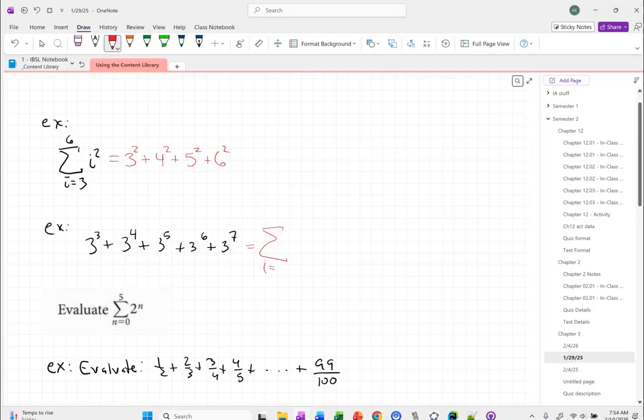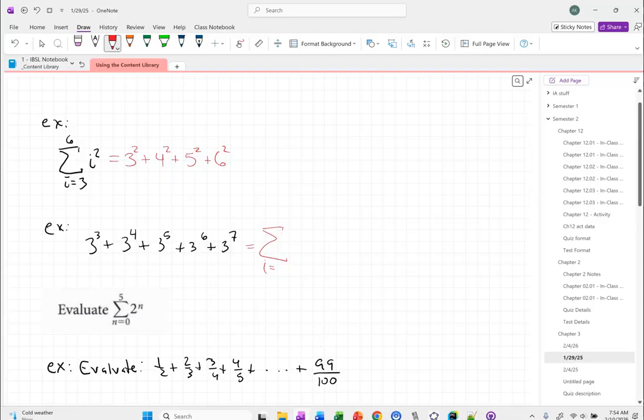So how would we write the sequence of terms 3 to the 3rd, 3 to the 4th, 3 to the 5th, 3 to the 6th, 3 to the 7th? So what's changing?